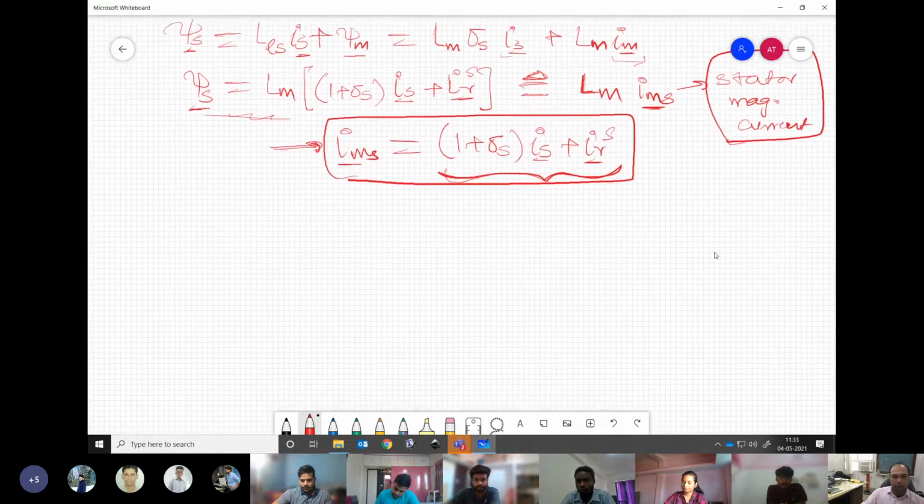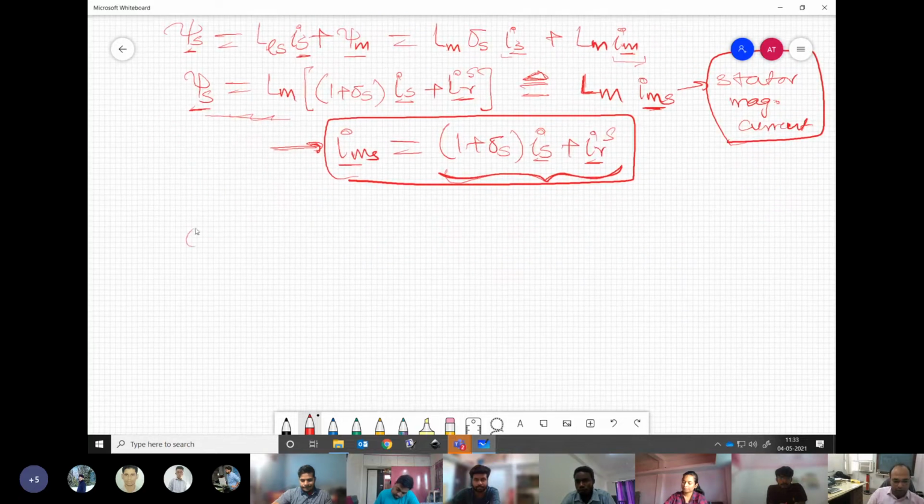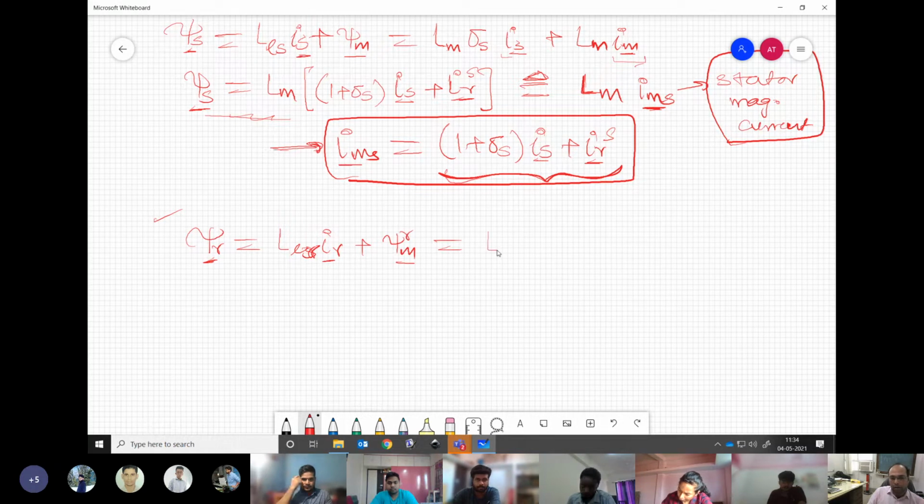Now, similarly, when we have rotor flux, because this is where most of our things are going to be, we can write LLR IR plus psi m. And again, this is in rotor reference frame.